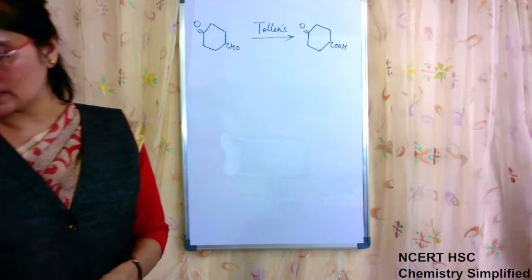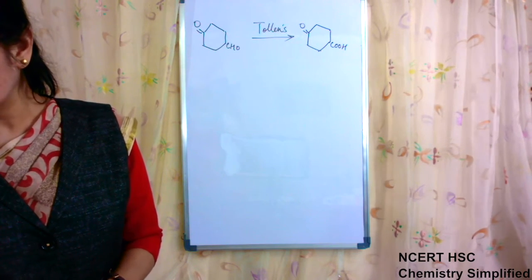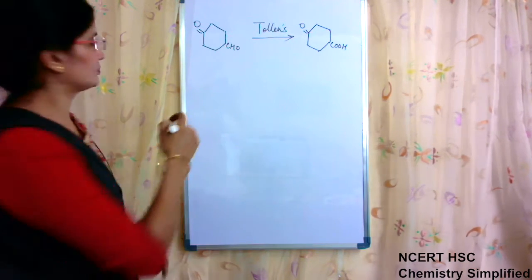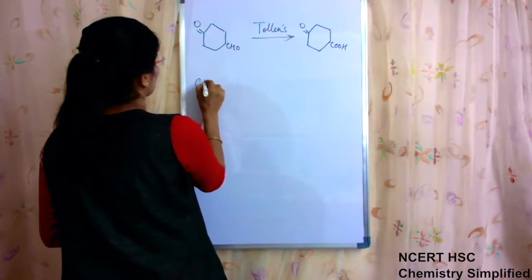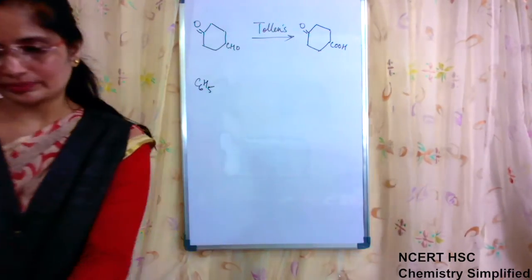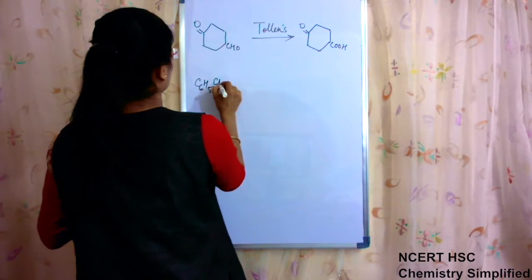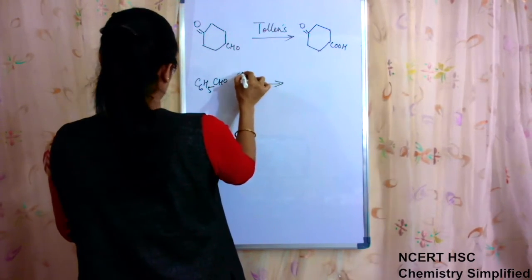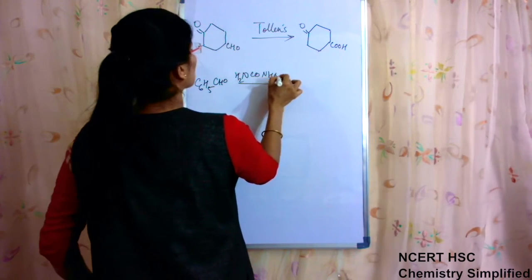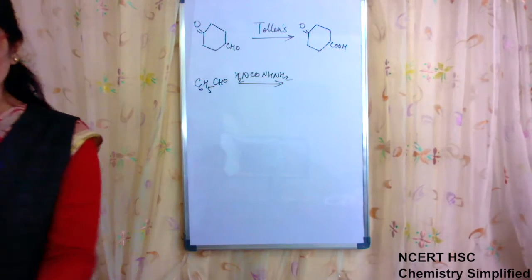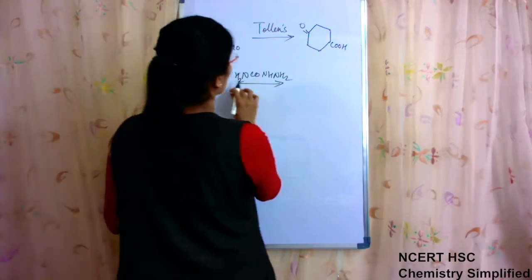Then next, C6H5CHO, reagent is written NH2CONH2. If you remember, this is semicarbazide.